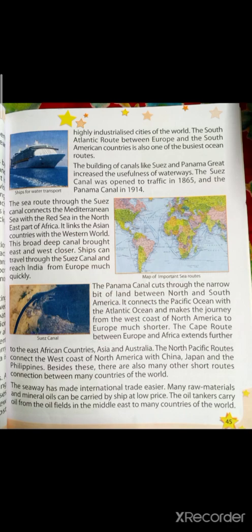Now this type of seaway has made international trade easier. Many raw materials and mineral oils can be carried by ships at a very cheap price. This is the importance of the sea route.